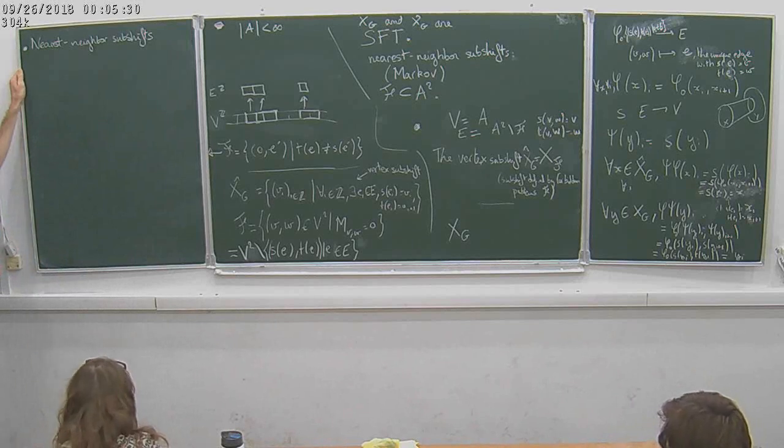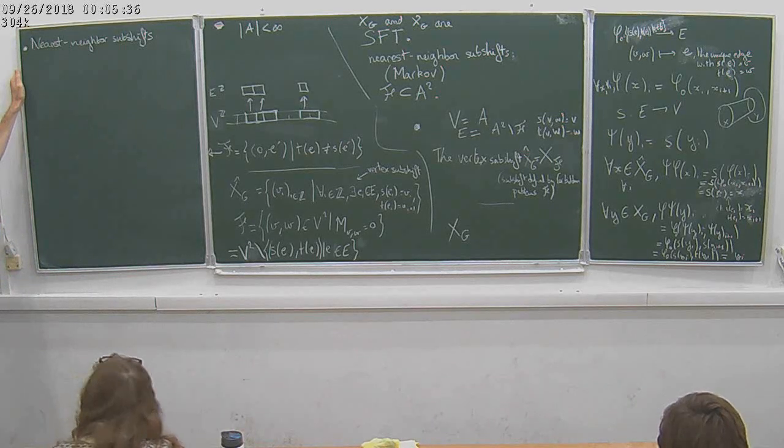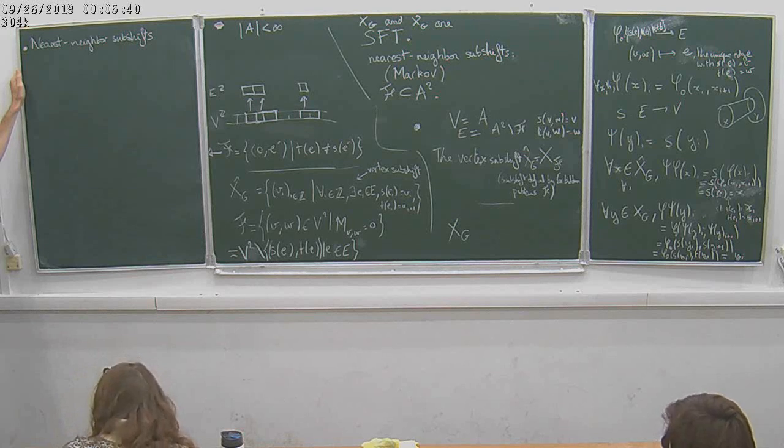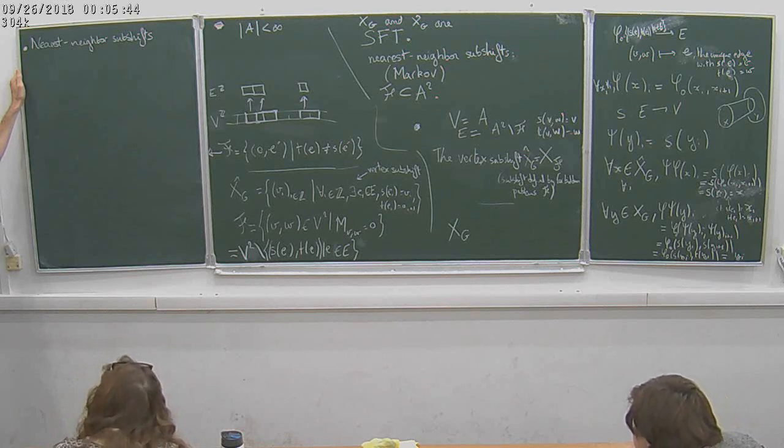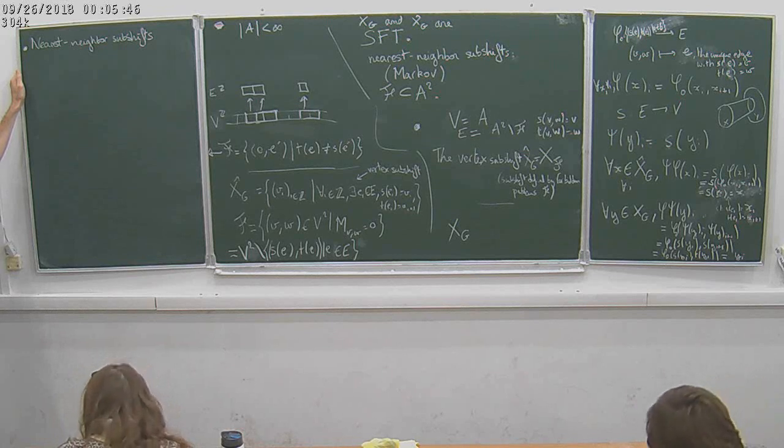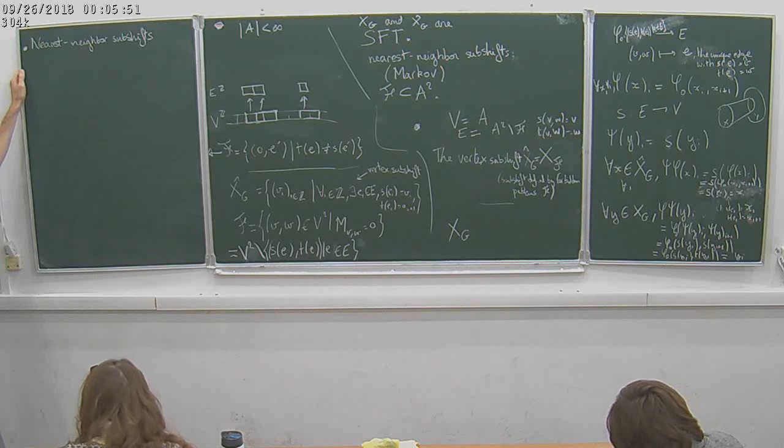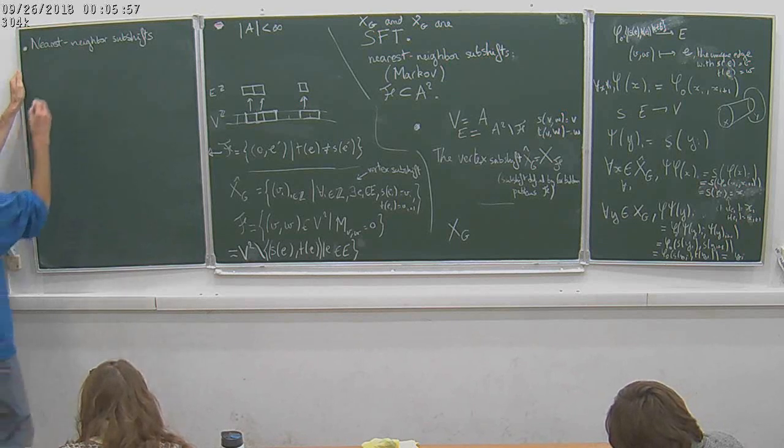Now, when you have a subshift of finite type, is there a way to represent it with a graph? Or do you have an example of a subshift of finite type which is very different from any nearest neighbor subshift?